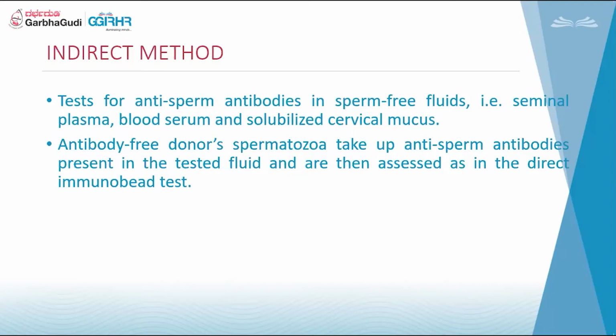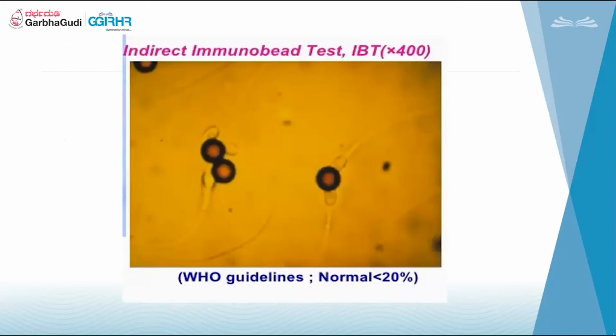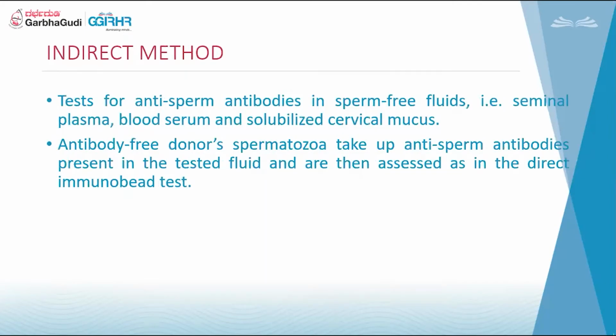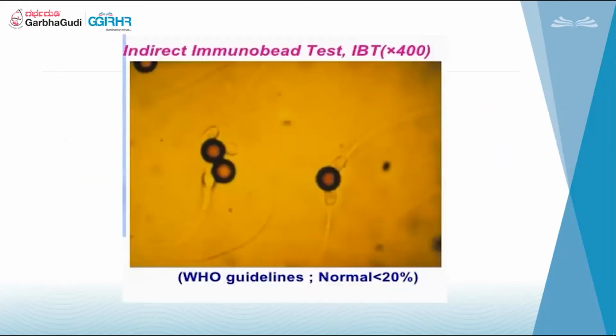This is also not performed much anywhere. There are only two methods they do, MAR or the immunobead test. Antibody-free donor spermatozoa take up anti-sperm antibody present in the tested fluid and are assessed in the direct immunobead test. I couldn't find much information on the indirect method, but this is all I could find.